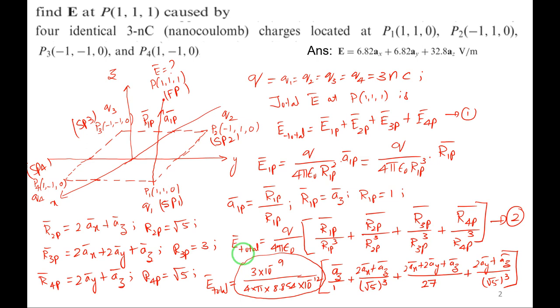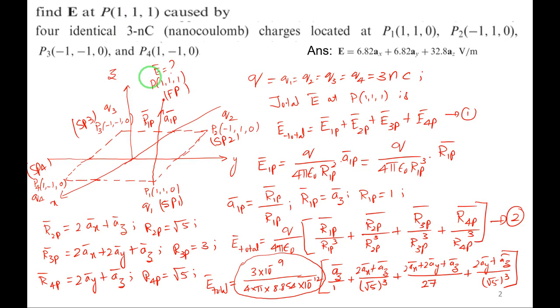I am getting it as 26.96. So I will go to the next slide. E total is equal to 26.96 open bracket. Then I will rewrite these things.